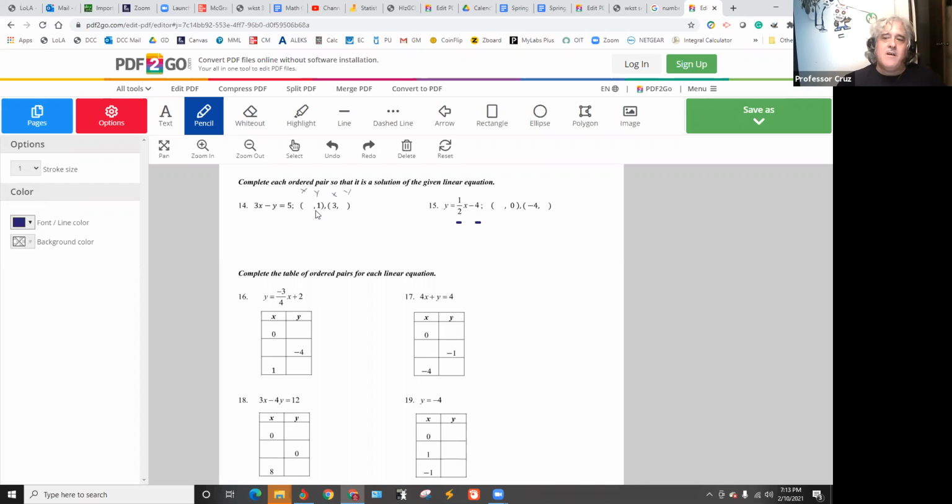So to find the other half of this point, if we do that, then what's the coordinate that goes there?